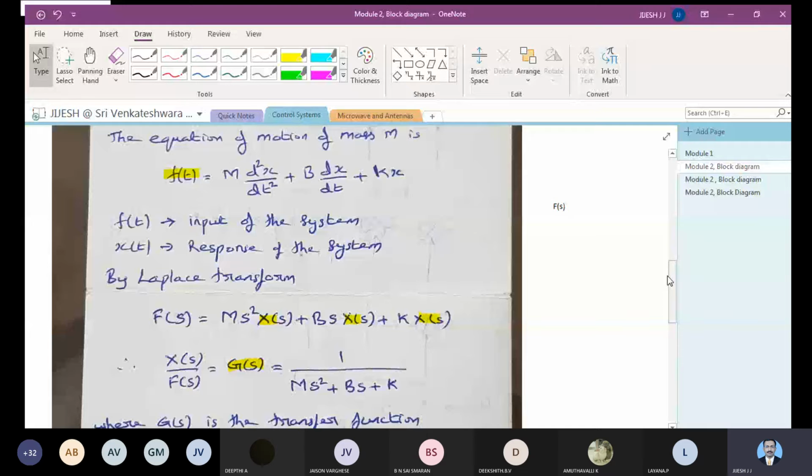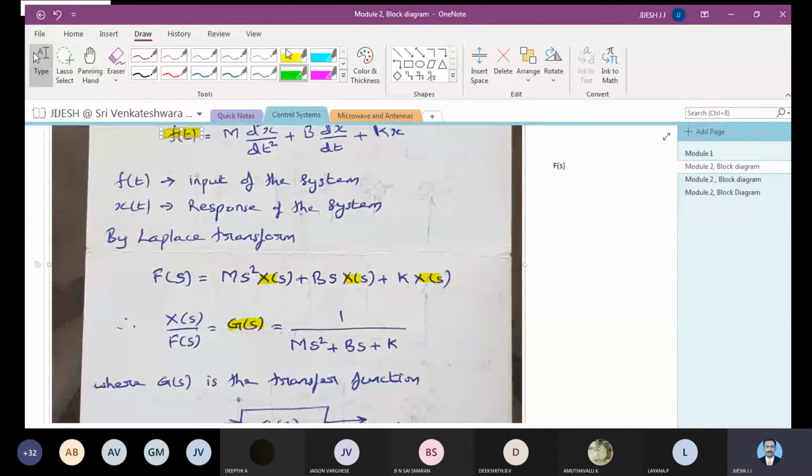So this g of s is called the transfer function. You will get the ratio of x of s by f of s, and it will be 1 by ms square plus bs plus k.